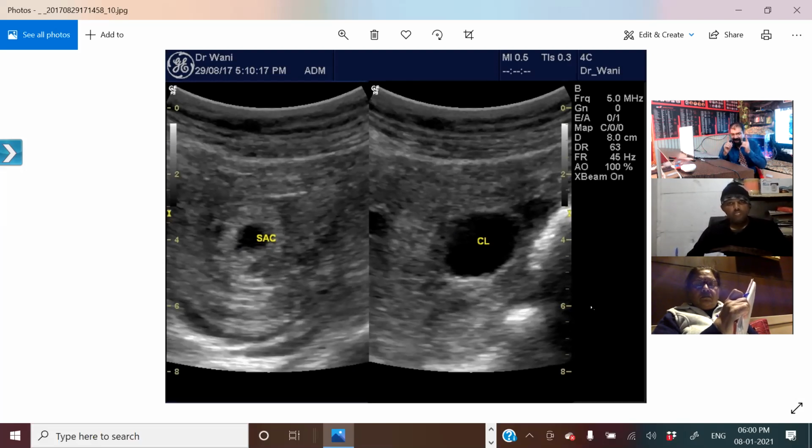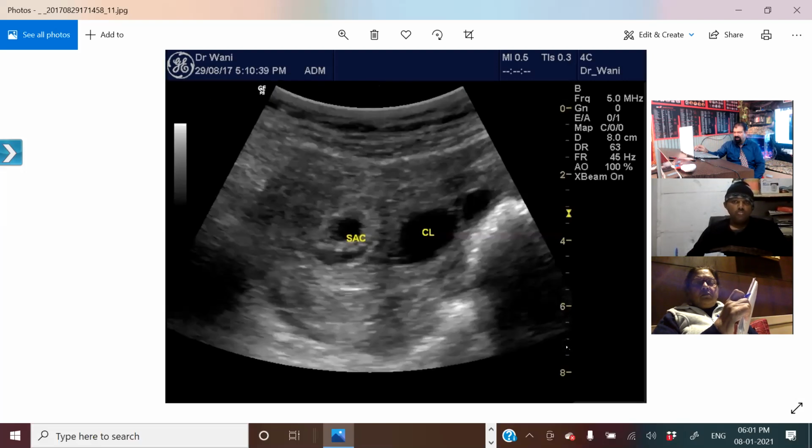That will give you the mean sac diameter. I'm just taking an example. This is actually the ectopic pregnancy, but to take a mean sac diameter, you have to divide your screen in two and put the sac here and here. One will be the transverse section, one will be the longitudinal section. Take two measurements from here, one measurement from here. That will be the mean sac diameter.